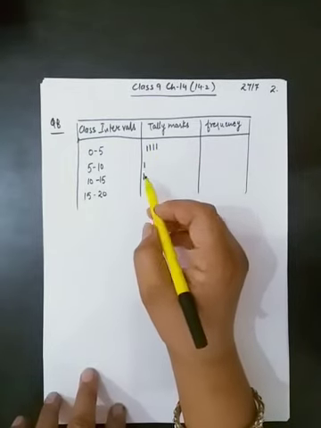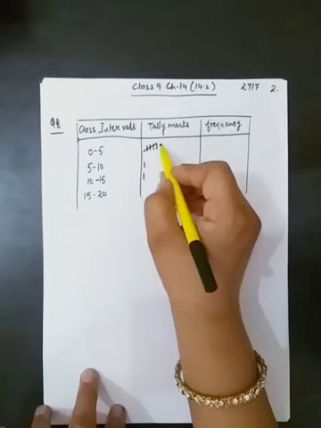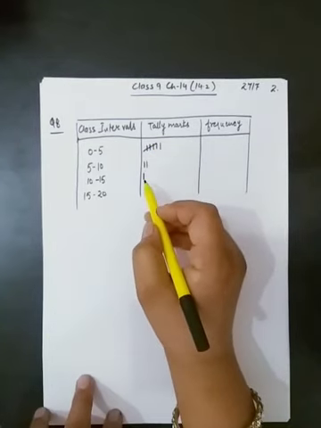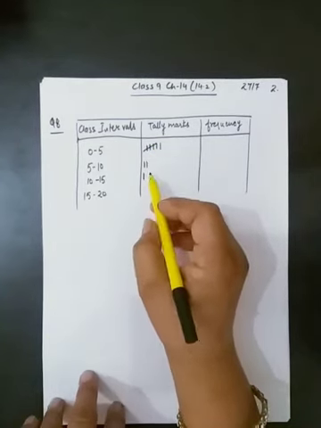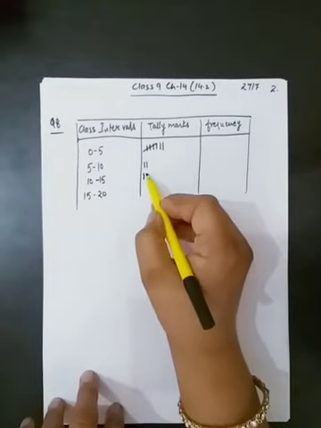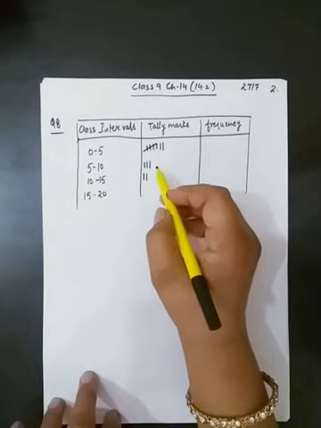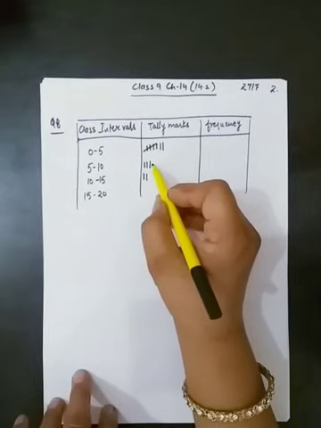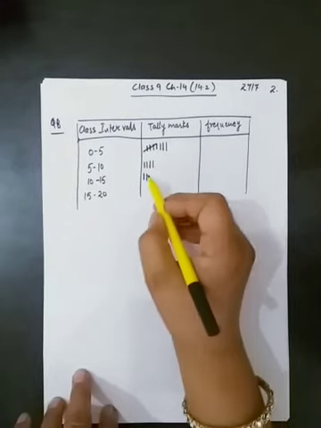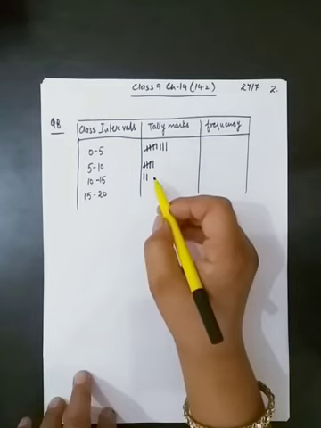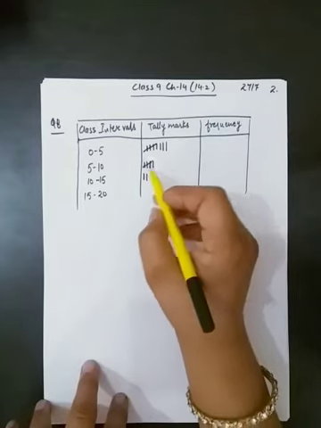Next is 2, 4, 8. Next 3, 12 and 5. 5 will fall in the second interval. Again 5, 2, 9. Next 12, 8, 6.